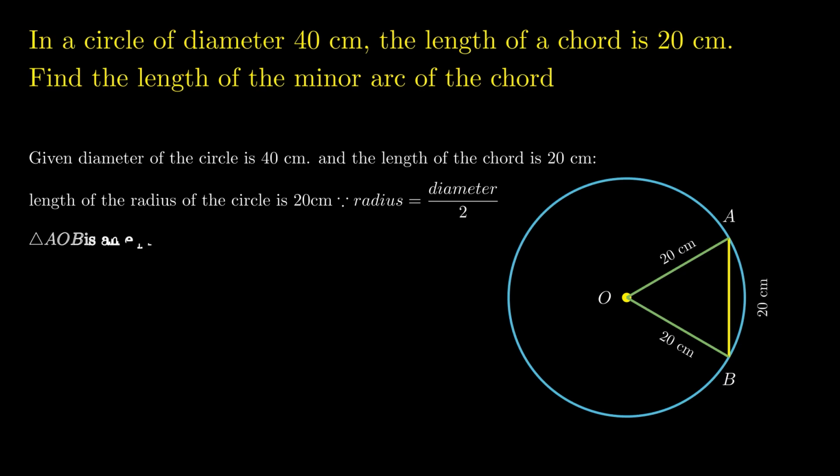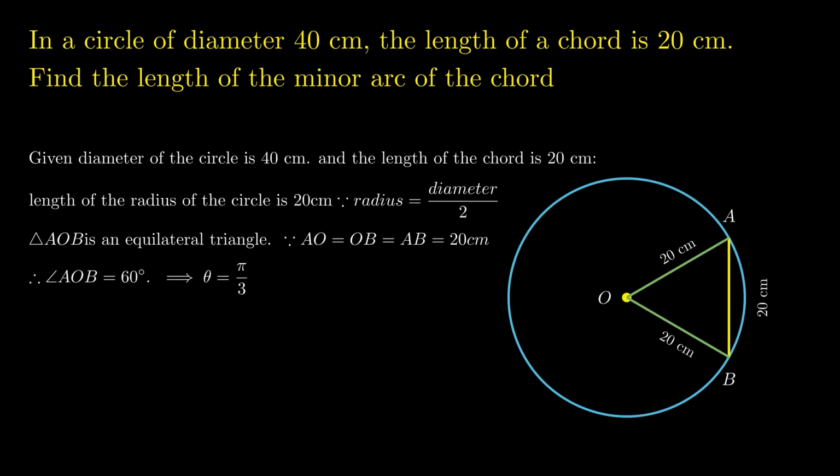So now we have the triangle AOB, which is an equilateral triangle because all the sides AO, OB and AB are equal to 20 centimeter. We also know that the interior angles of an equilateral triangle equal 60 degrees. So angle AOB is equal to 60, which means theta is equal to pi by 3 radians.